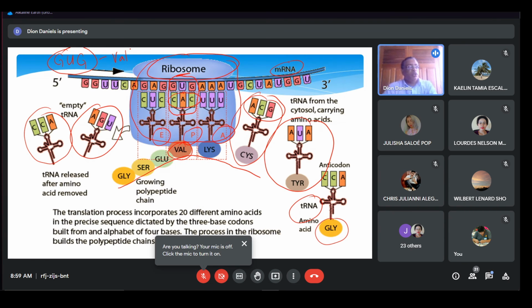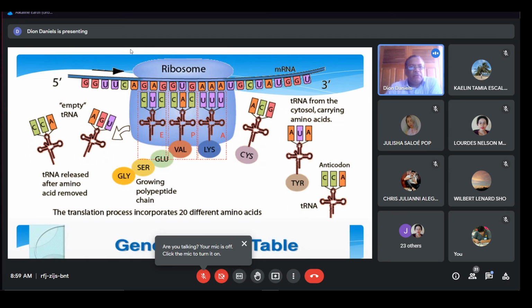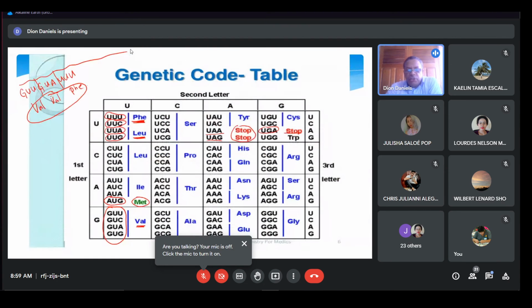Let's go to the genetic code table. GUG, remember that. Let's find GUG. It's right here at the bottom. GUG, and it codes for which amino acid? Valine.